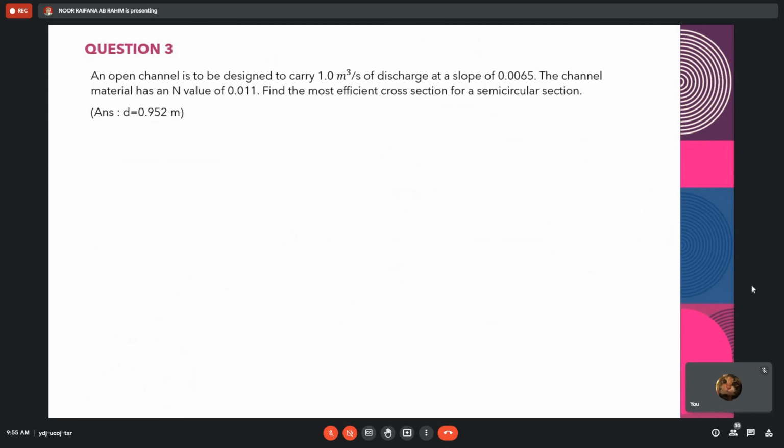Question 3. So an open channel is to be designed to carry 1 meter cube per second. So the discharge is 1 meter cube per second, and slope, the S is 0.0095. So the channel material has n value. So dia dah bagi n, kita tahu mesti pakai Mannings, 0.011.